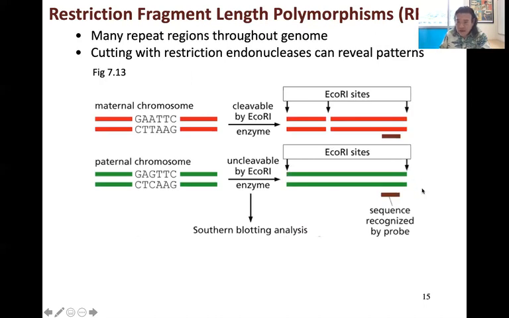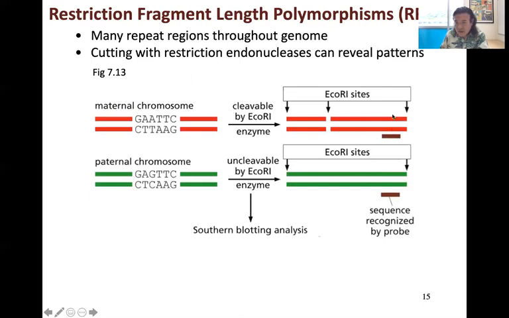And now if you use a probe that recognizes a particular random region of this chromosome, and you use that probe to identify the sizes of the fragments that are being run out on a gel, for example, you can tell the difference between the two alleles. Because the allele that has one big fragment here, that's dad's allele, and that's labeled by the probe.